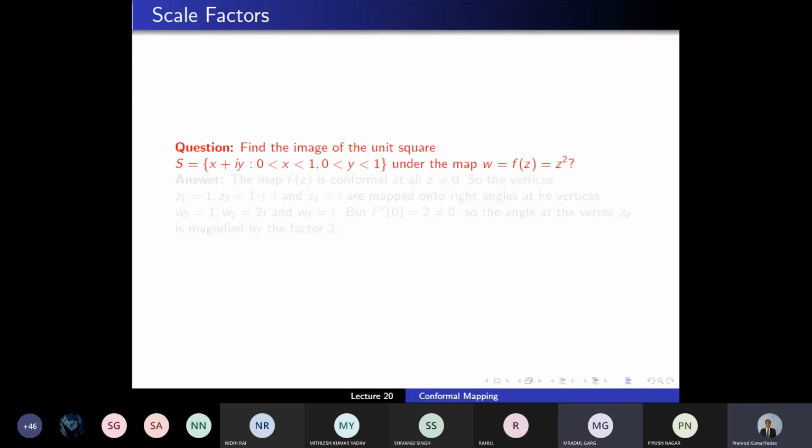Just a minute. f(z) is given as z square, right? Sir, when x and y are 0, that is z equals 0. Because f dash z comes as 2z, 2z will be 0 only when z equals 0. Otherwise, it will never be 0.